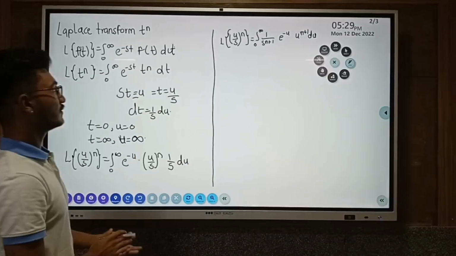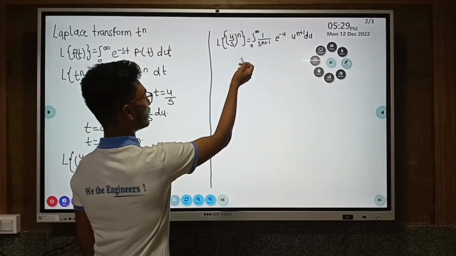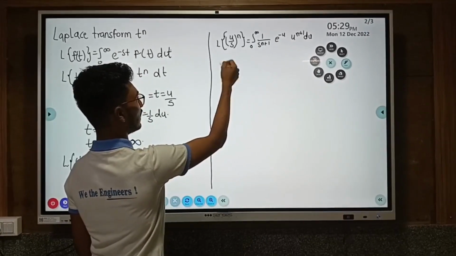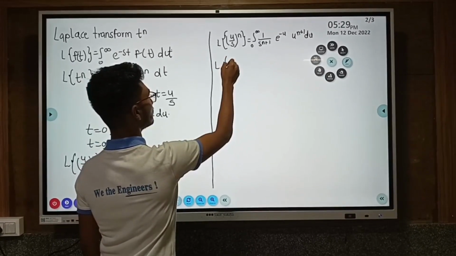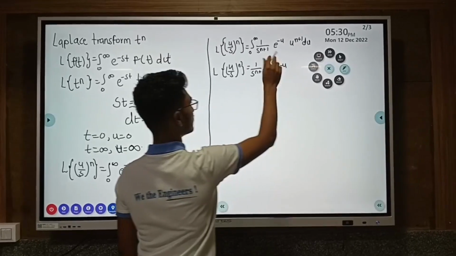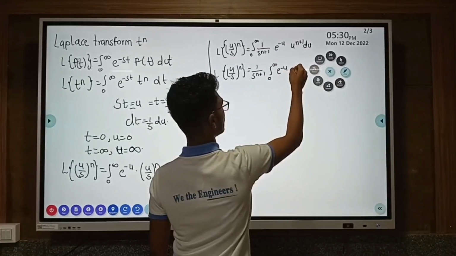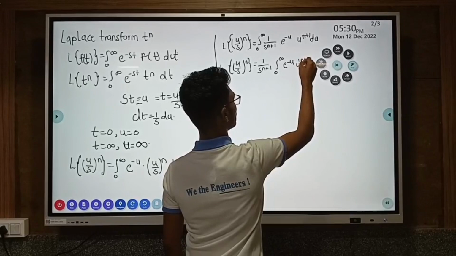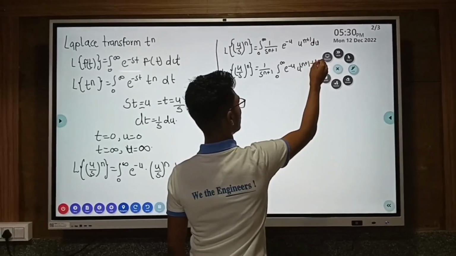So after that we will take this 1 upon s raised to n plus 1 outside the integration. So this term will be u raised to n plus 1 minus 1 du.